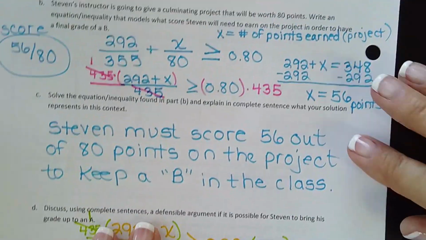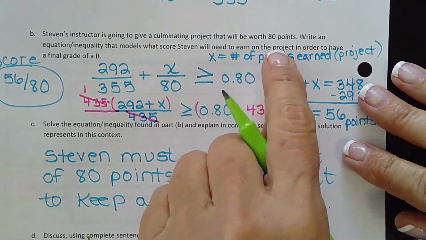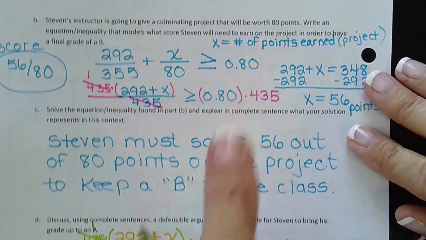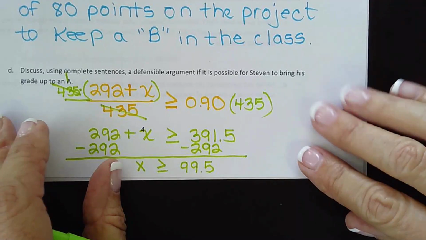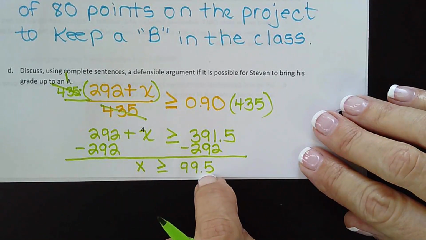Oh, if he gets a 99.5%, then he'll keep an A. But we're not doing percents, we're doing points. And the number of points possible is 80. He can't earn 99.5 points on an 80-point project.